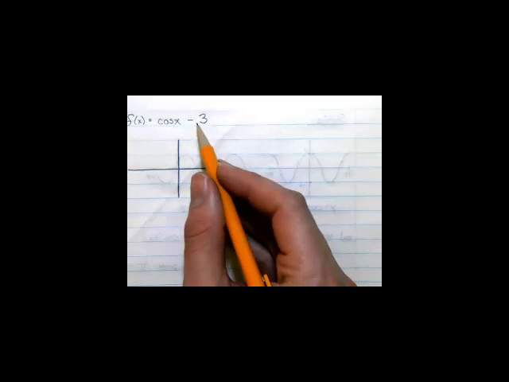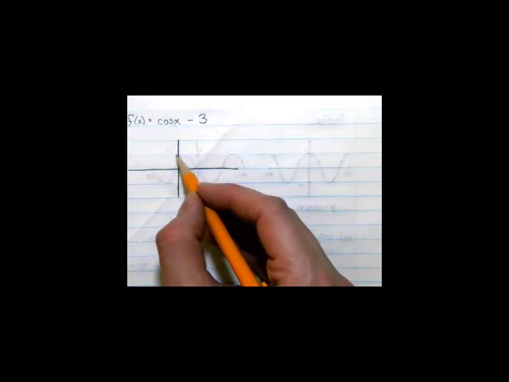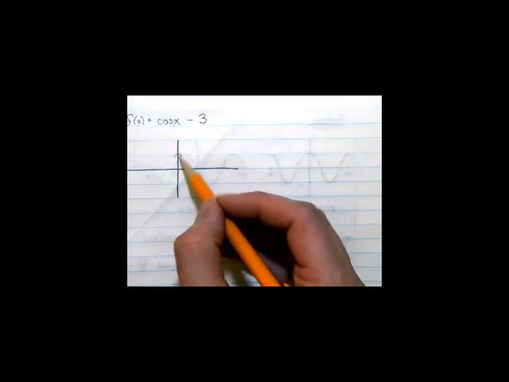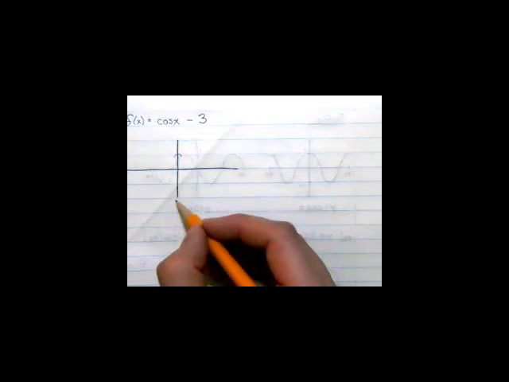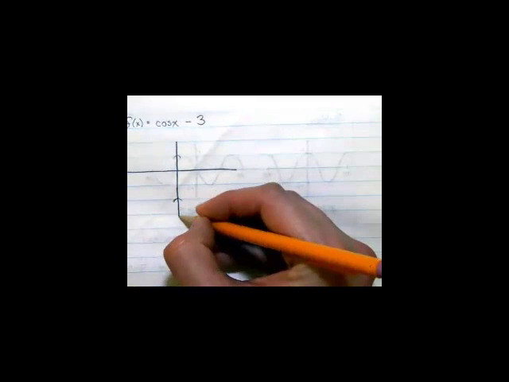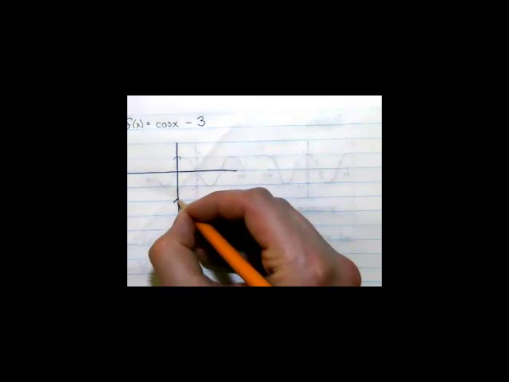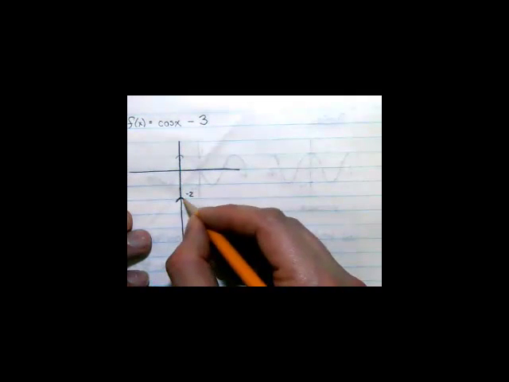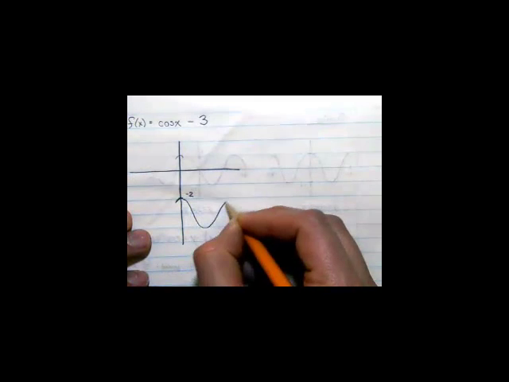If everything goes down 3, think about where this little hill would be sitting. It's at 1, everything down 3: 1, 2, 3. Now that hill is all the way down here, so I should probably make this a little bit longer. So this is up at -2. So my wave is doing this.